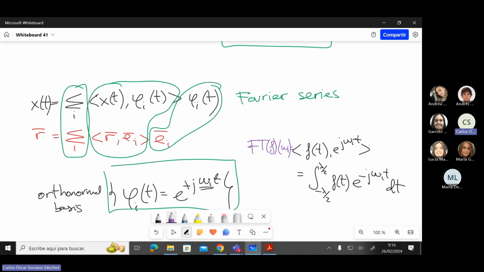And then when you reconstruct here, you have the basis. So here you have the minus because of the complex conjugate. But here you don't have a minus. So in the forward Fourier transform, you have the negative complex exponential, and when you go back to real space, you have the positive complex exponential.